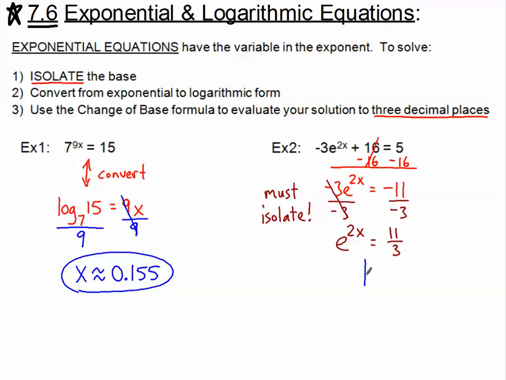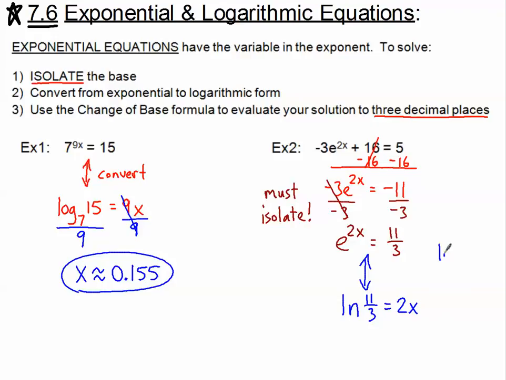So let's do our conversion. This time, since I know that I'm dealing with base e, I'm going to use my special natural log symbol, and it's going to be the natural log of 11/3 is equal to my exponent of 2x.